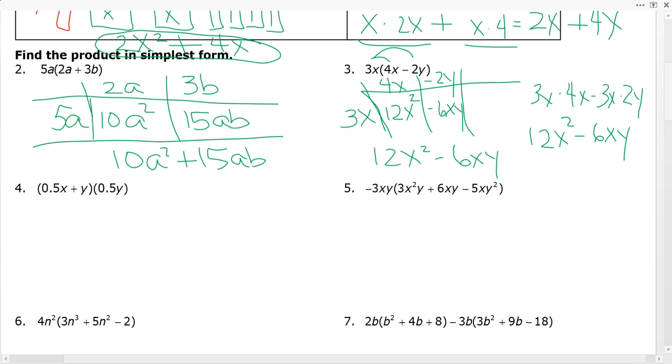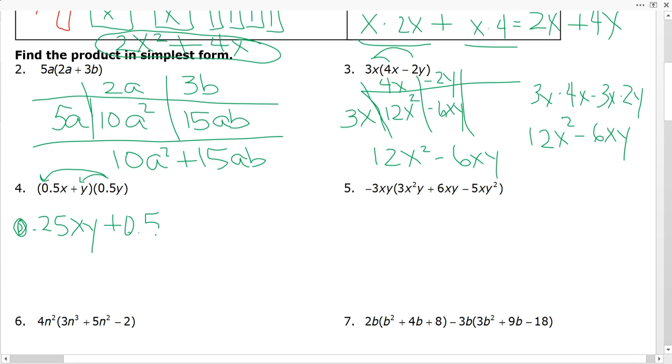Number 4, my monomial is on the right, but I'm still doing the same thing. So I'm going to have 0.5 times 0.5 is 0.25 xy plus 0.5 y squared. Yeah, that's 0.25, whatever.